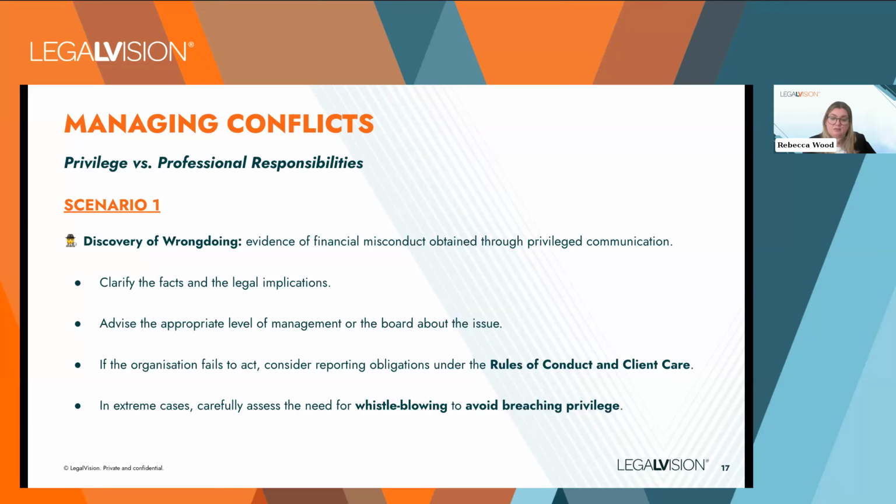If your organisation then fails to act on your advice, then you've got to consider what your obligations are for reporting under the rules of conduct and client care. So in some particular extreme cases, you might want to consider whistleblowing provisions, but it's really important to tread carefully in order to not breach your privilege obligations unnecessarily.